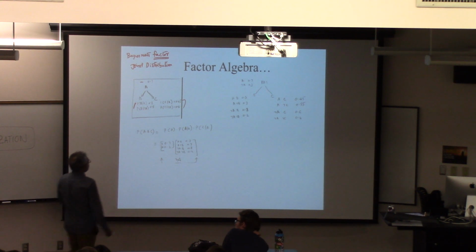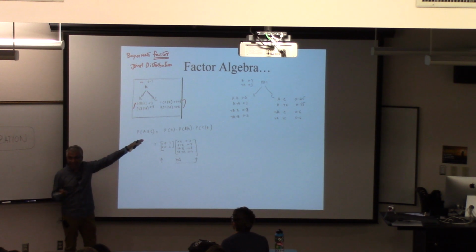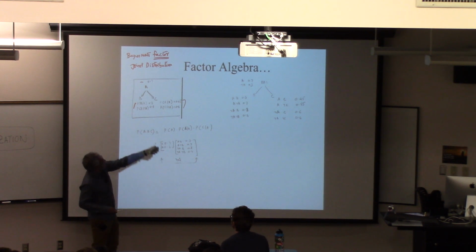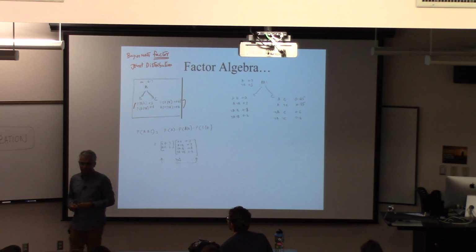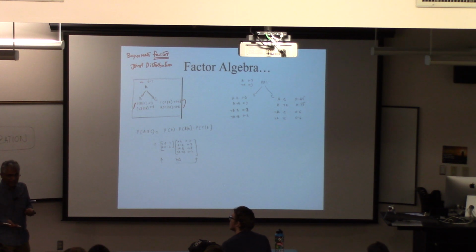Okay? So here I wrote P of A. So basically I'm thinking in terms of distributions directly, not individual values. So P of A is this table. I have to multiply it by P of B given A, which is this table. So I have to multiply this by this. Okay? The multiplication definition is: join those tables and multiply the corresponding numbers.